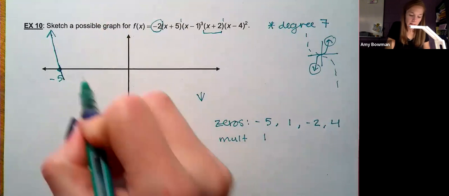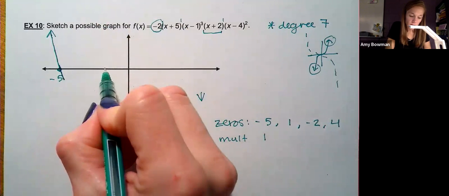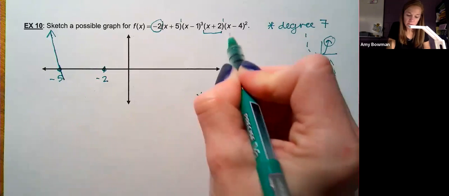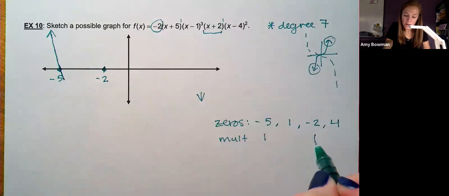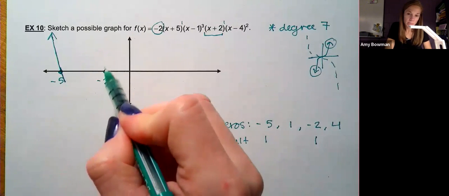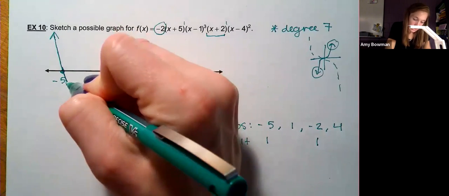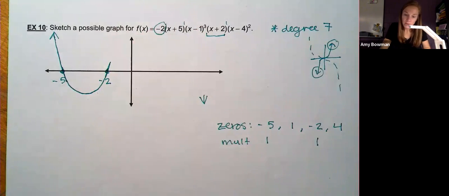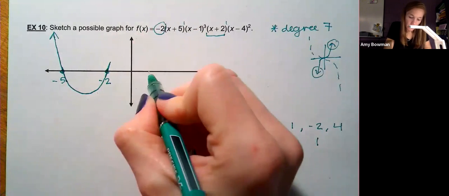My next 0 is at -2. So that'd probably be right here. And the multiplicity is also 1. So at -2, I'm going to go down, and then at -2, slice back through it. So not bending, not bouncing, just cutting straight through. My next 0 is at 1.